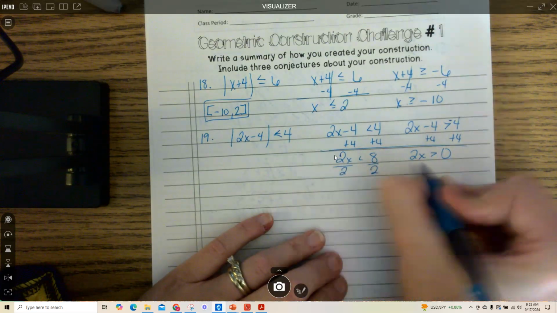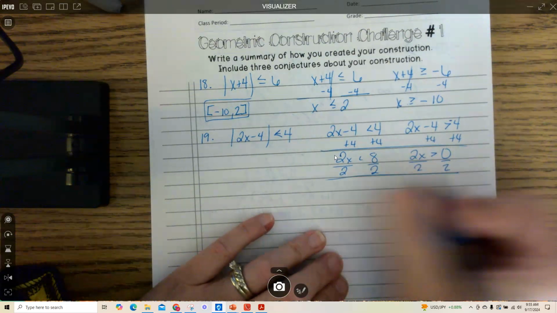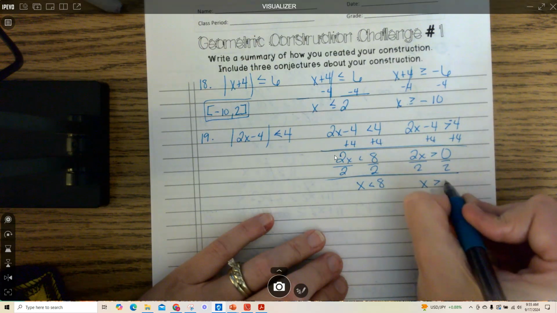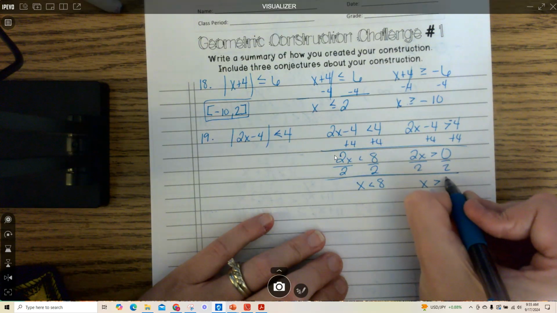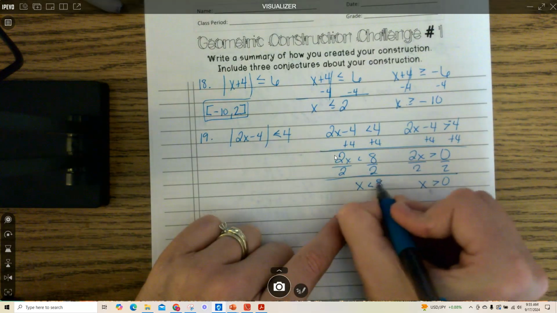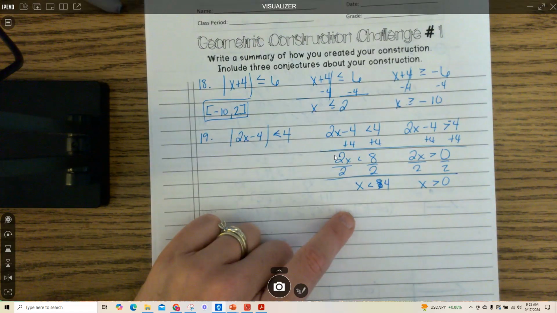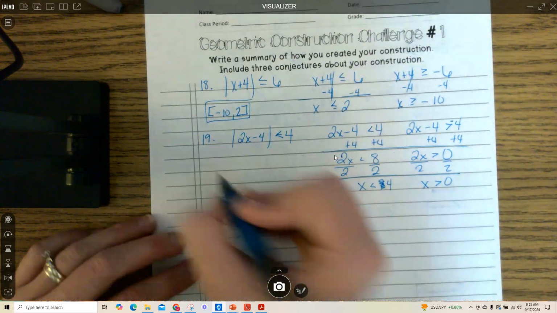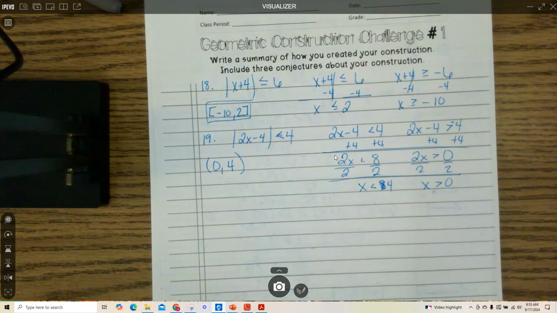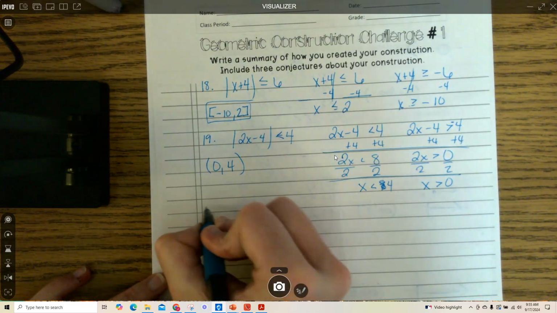Divide by 2. So x is less than 8... wait, what? 4. You said 8 divided by 2 is 8. It's actually 4. You're right. So it'd be parentheses 0 and 4. Yep.